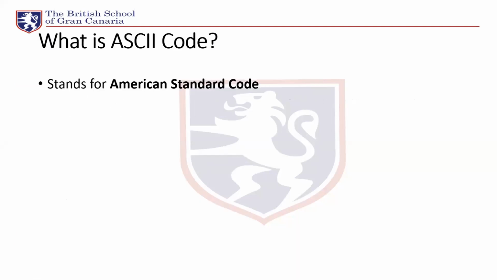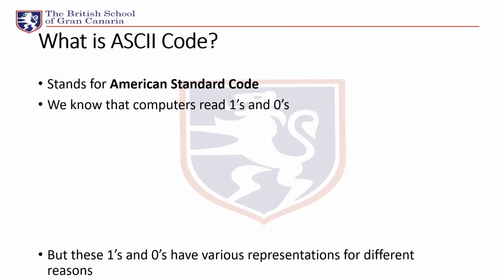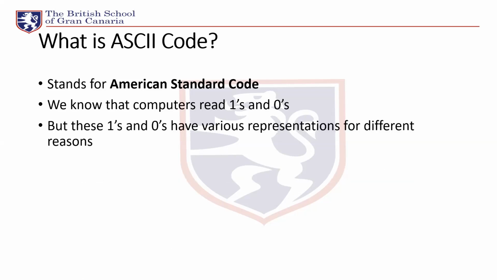It stands for American Standard Code. And we know computers, as we discussed last lesson, can simply read ones and zeros. That is pretty much it. But these ones and zeros have various representations for different reasons.